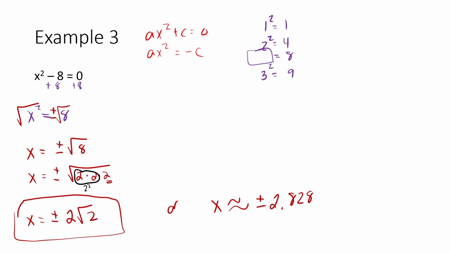Now, if you go back up here though, just to see if that answer makes sense, 2.828, well, it does make sense because we knew that the answer had to be between 2 and 3, and we knew that it was going to be closer to 3 than it was to 2 because 8 is closer to 9 than it is to 4.